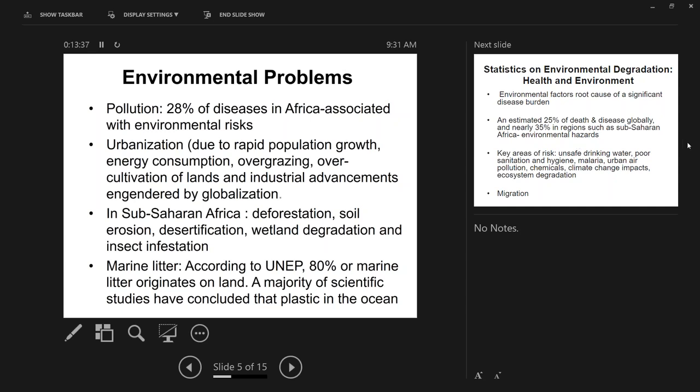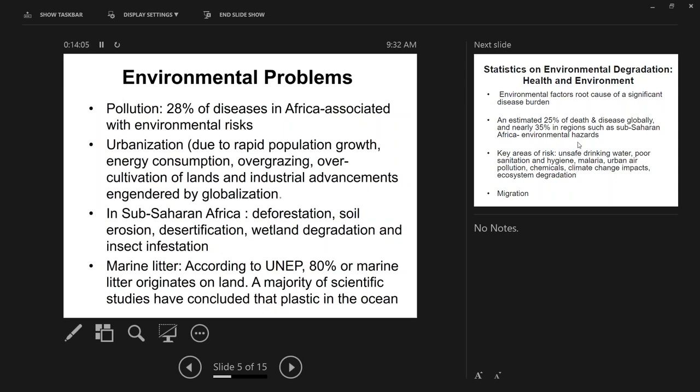What I want to highlight here is the way this refugee camp is affecting the environment. We have over 3,000 hectares of forests that are degraded due to the use of firewood for energy.